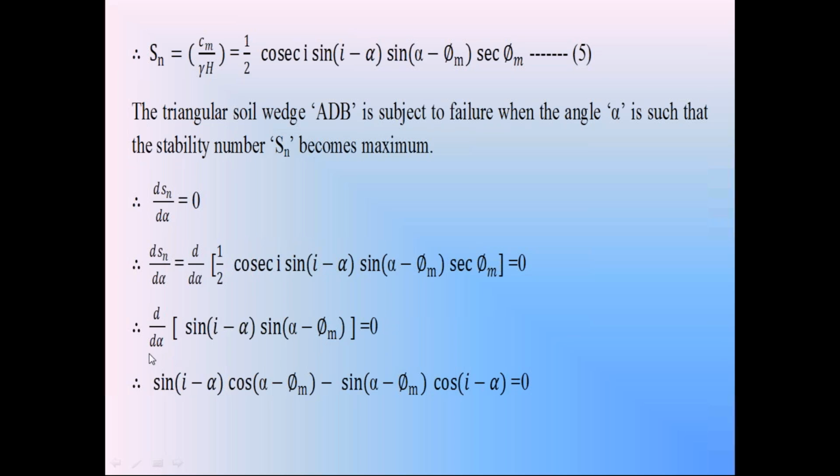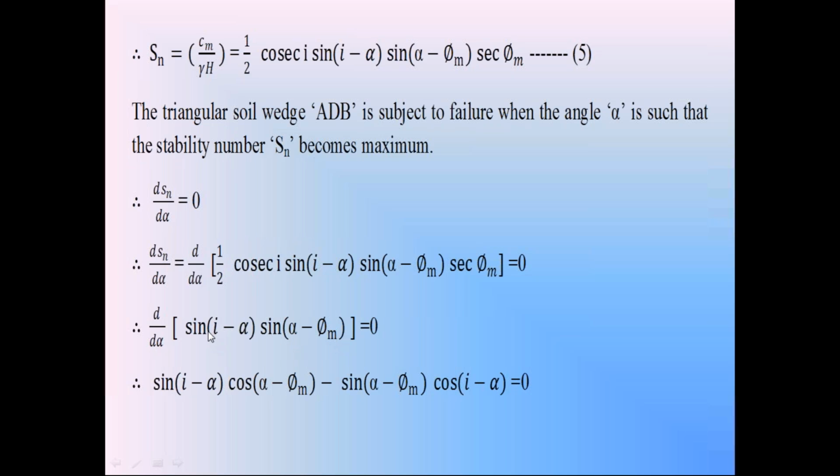From this equation, we will get this expression. Then differentiate this equation with respect to alpha. It is d by d alpha of sine (i minus alpha) into sine (alpha minus phi m). It is d by dx of uv form. d by dx of uv is equal to v into du by dx plus u into dv by dx. Apply that formula here.